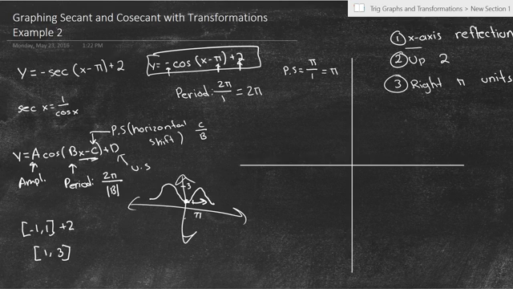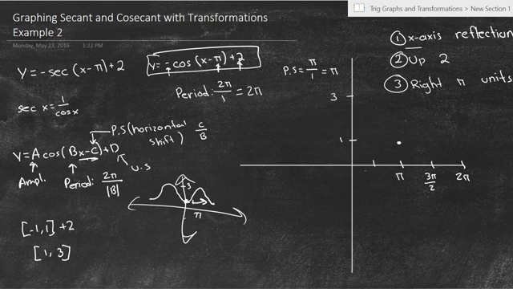Now I'm ready to draw it here. I know in general what I'm expecting. I've got a minimum of 1, maximum of 3, and my starting point, I went right pi, so my starting point is going to be at pi. And I know that I'm starting at the bottom because there is a reflection. Alright, and now I can start drawing the finer points. Still counting by pi over 2 because there's no period change, so 2 pi.